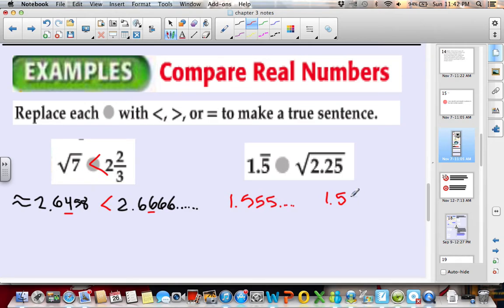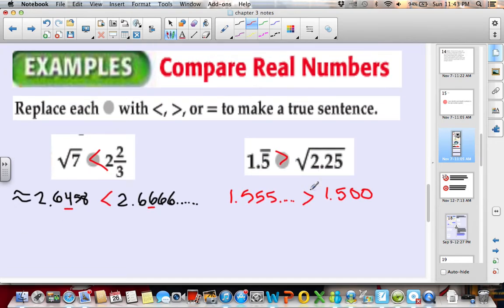I have nothing here. Remember, I can add as many zeros on as I want, and it doesn't change our value. So 5 is greater than 0. So 1.55555 is greater than 1.5. So 1.5 repeating would be greater than the square root of 2.25.